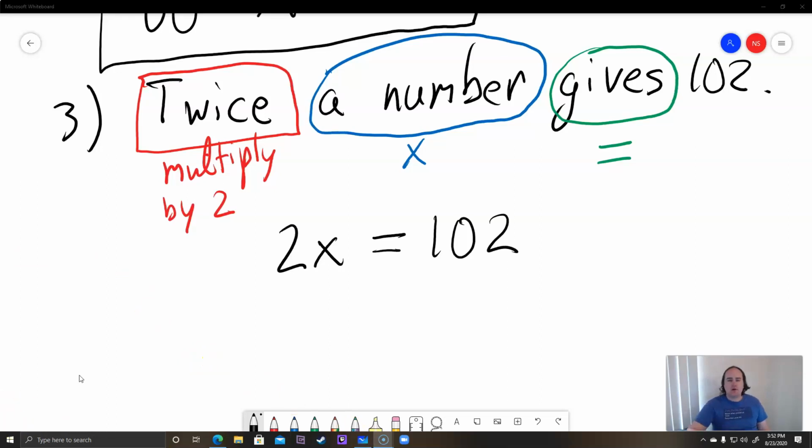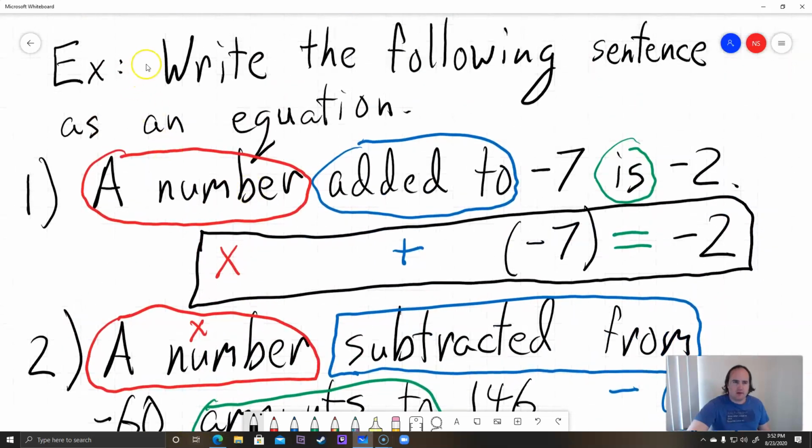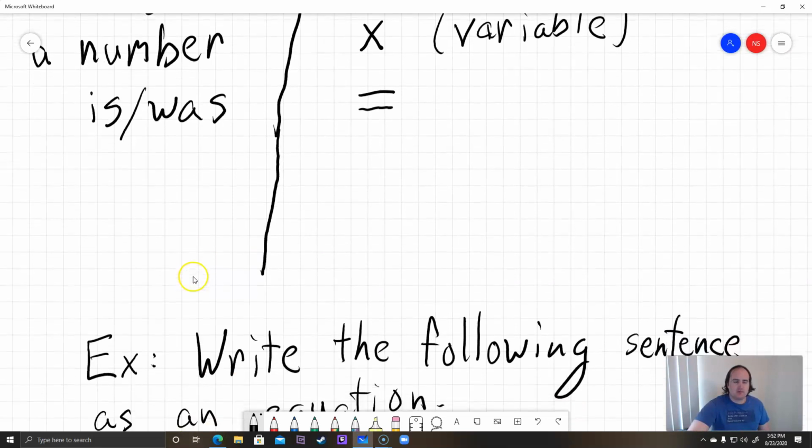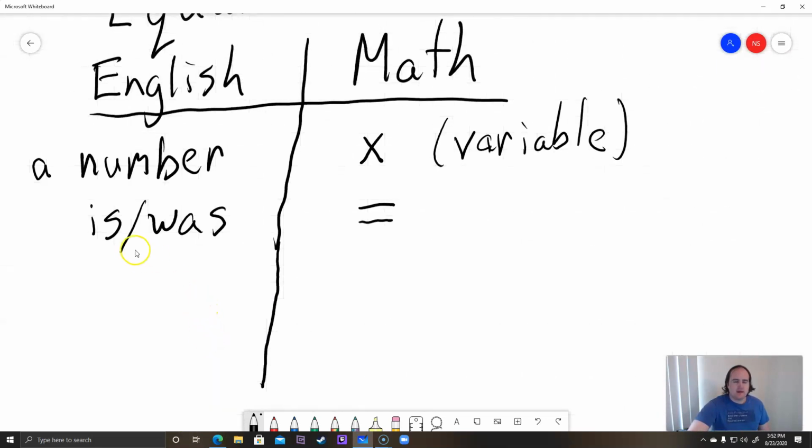All right, so before I do another example, I wanted to go back up to our table up here. Obviously, I can't write down everything in this table, but I wanted to add in a few more key words in English and how they translate in math. In particular, some special words.